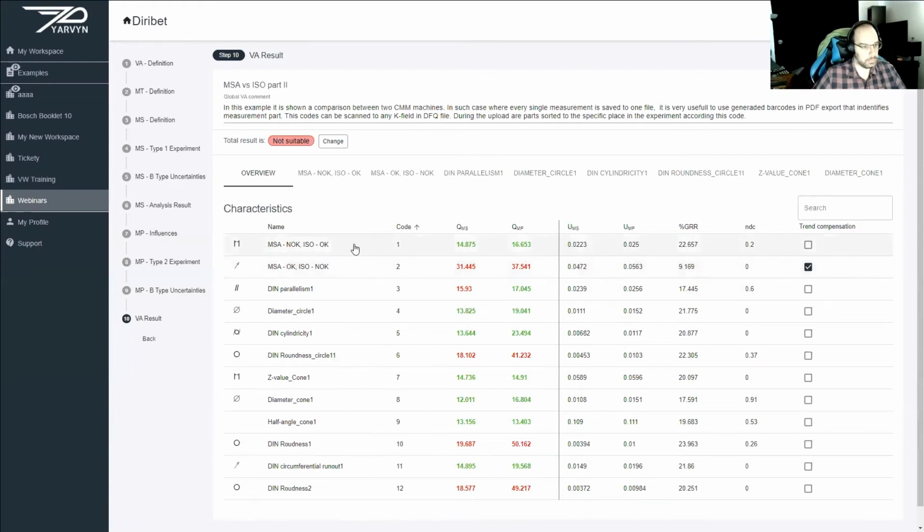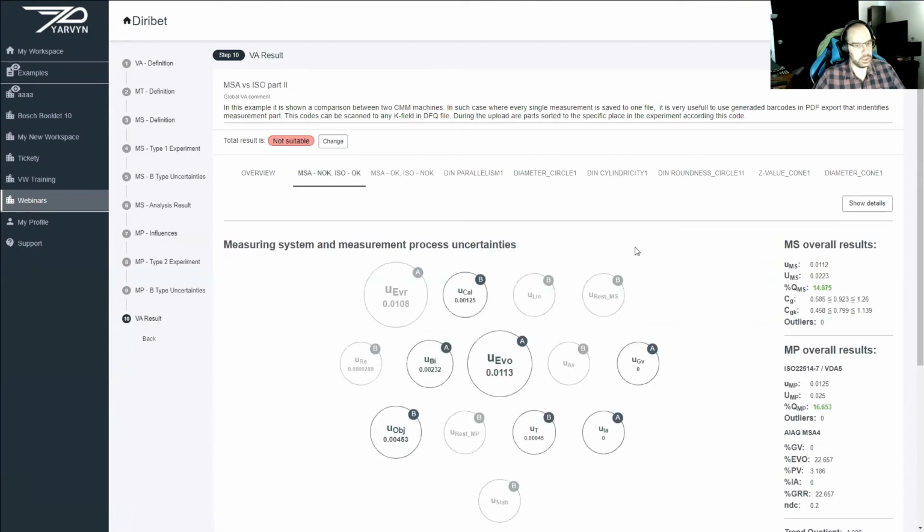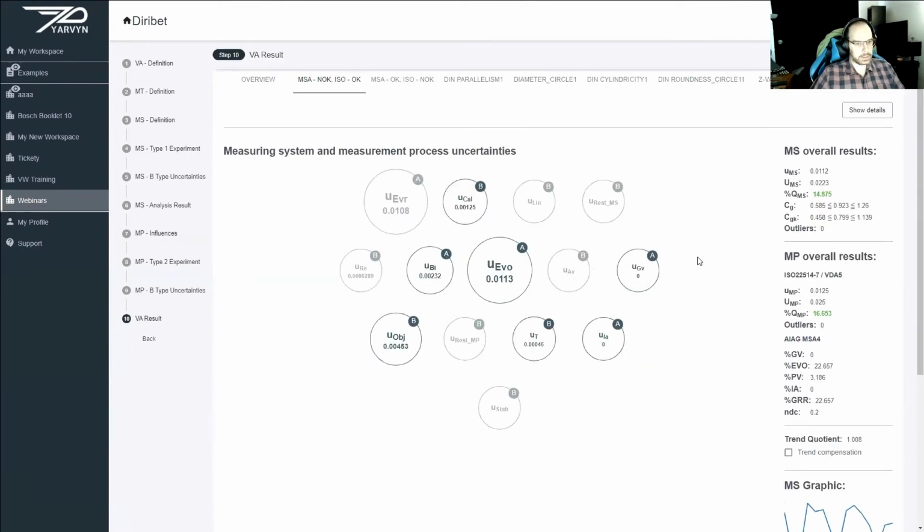So what's happened? If we go to the details and look at the uncertainties that were calculated, we can see what's happening. Because if we are speaking about the MSA, it means only the A-type uncertainties are in the MSA results, and not all of them.